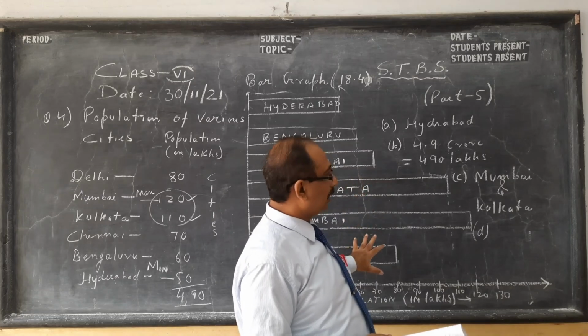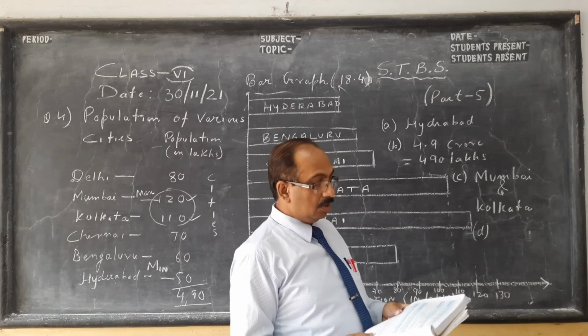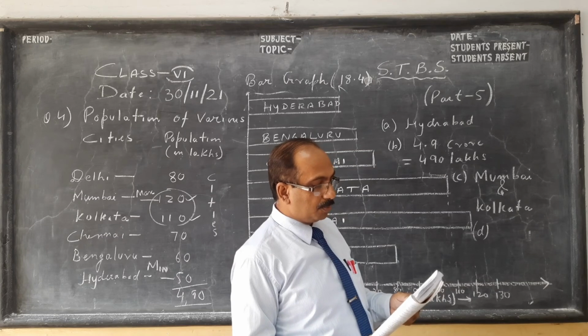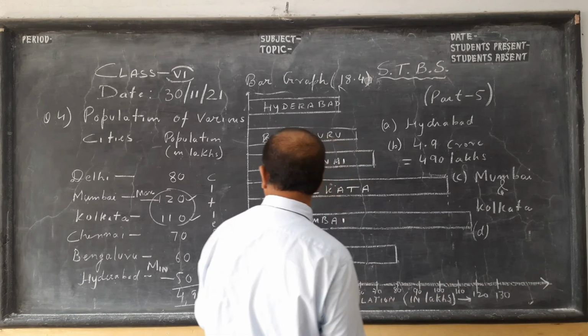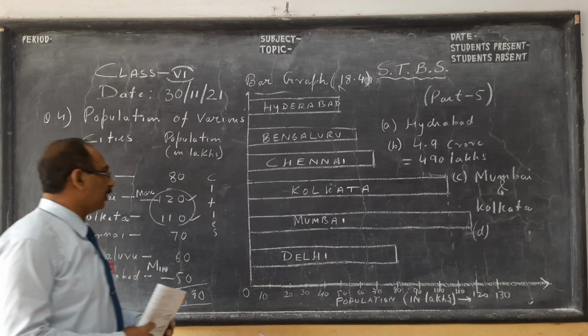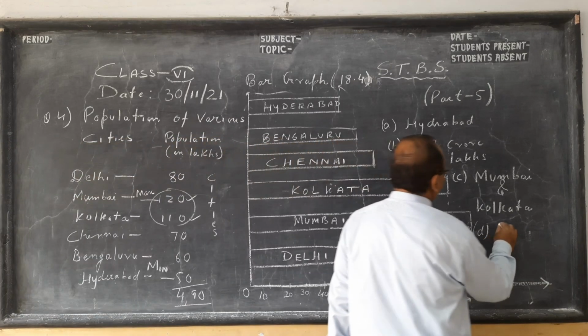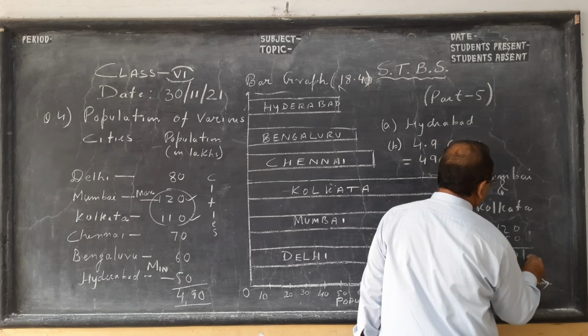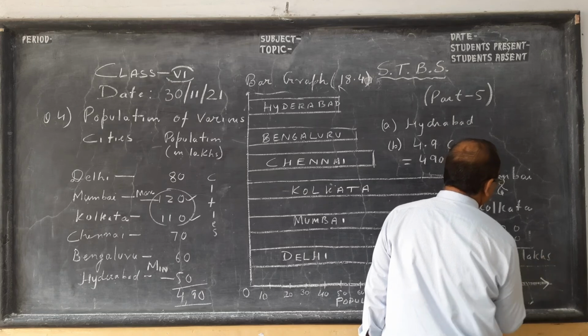You cannot write it here, as I don't want to rub this. The last question is, what is the difference between the population of the least and the most populated? The most populated is Mumbai and the least is Hyderabad. So 120 minus 50, we get 70 lakhs of people as the difference.